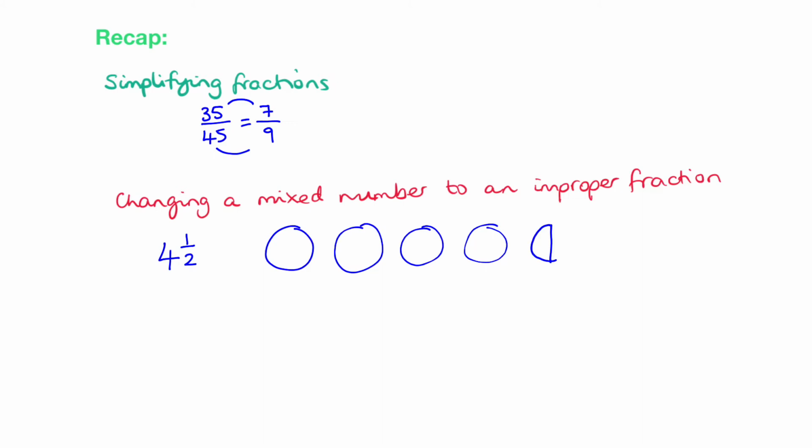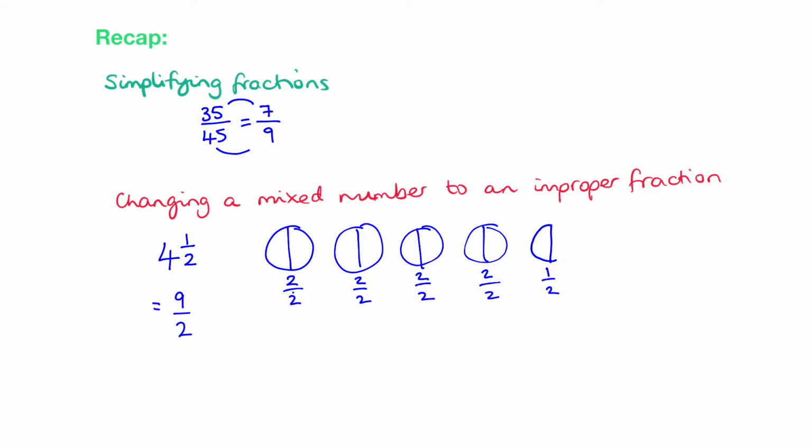So, in our 4 and a half, if we imagine each of these were pizzas that were cut in half, then we've got 2 halves in that one, 2 halves in that one, 2 halves in that one, 2 halves in that one, and 1 half in that one. So altogether, we've got 2, 4, 6, 8 halves there, and then another one makes 9 halves.